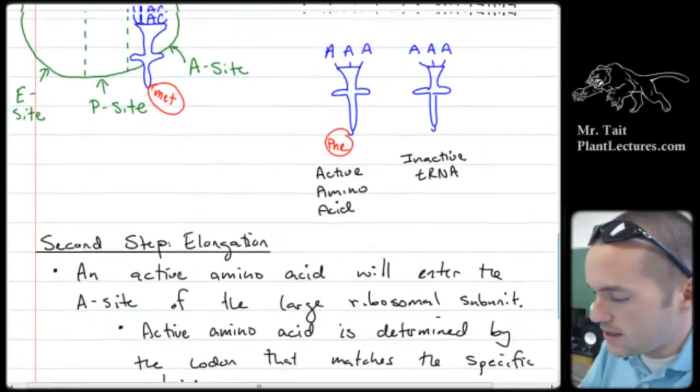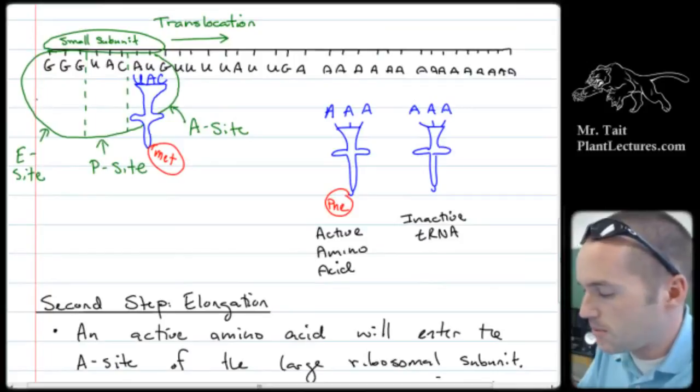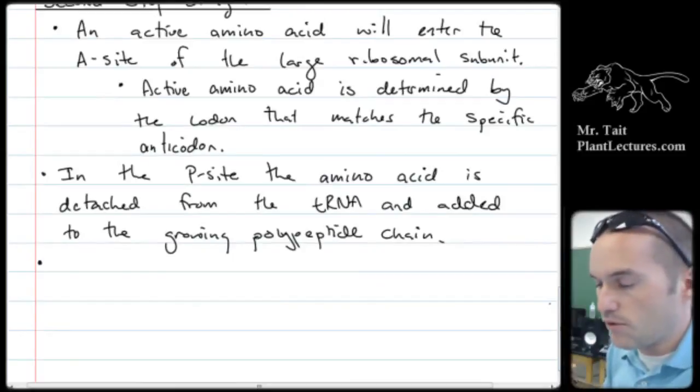And then the last thing is called the E site. So when the ribosome moves one more spot to the right, whatever was in the P site will now be in the E site. The thing that was in the P site was a tRNA that's now had its amino acid removed from it, right?